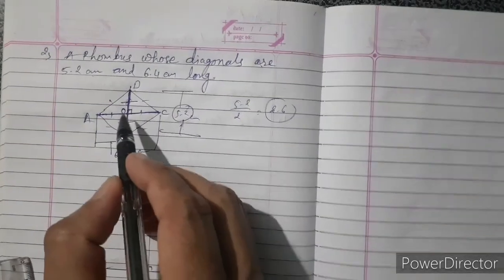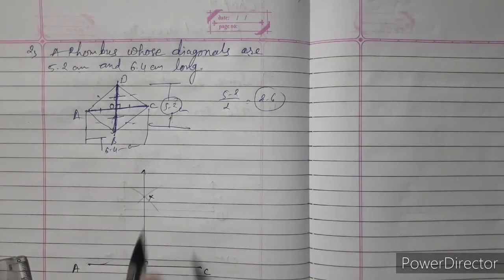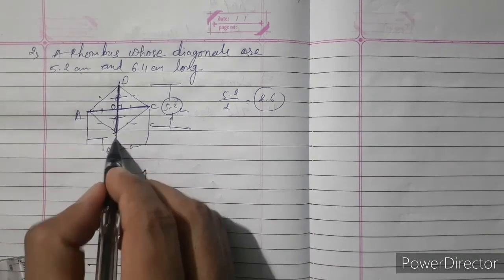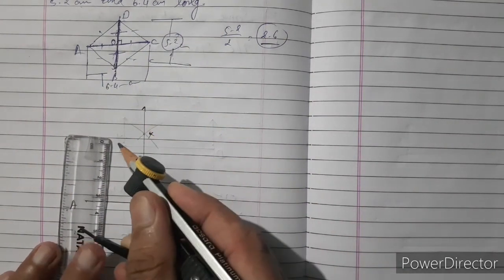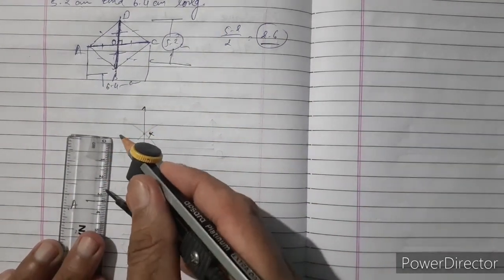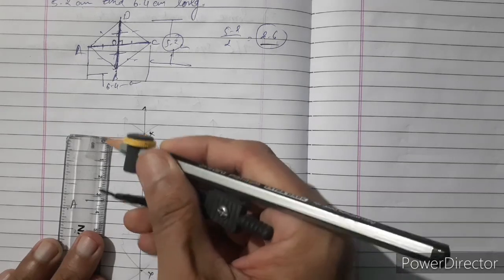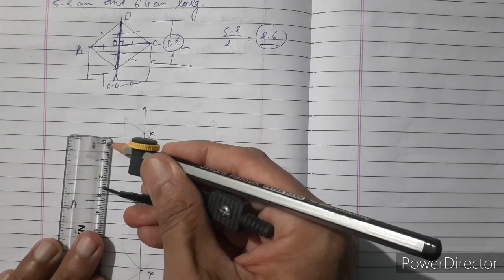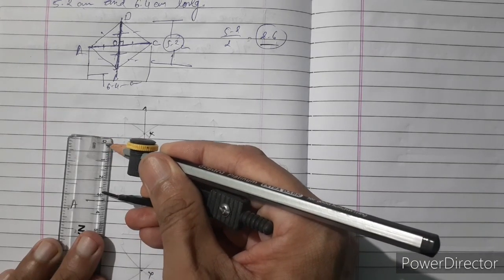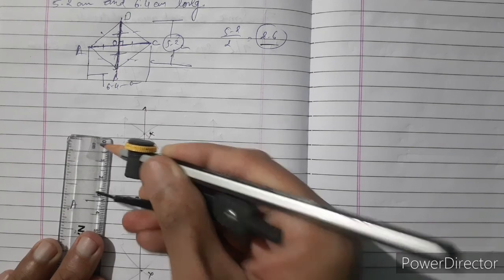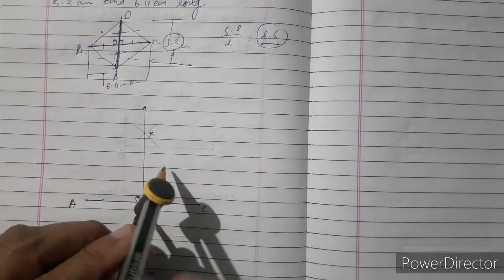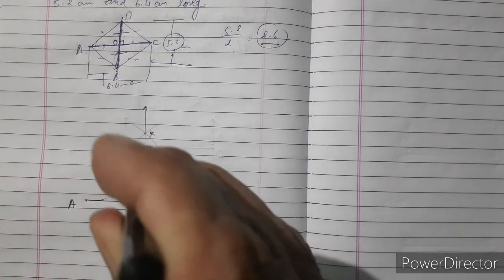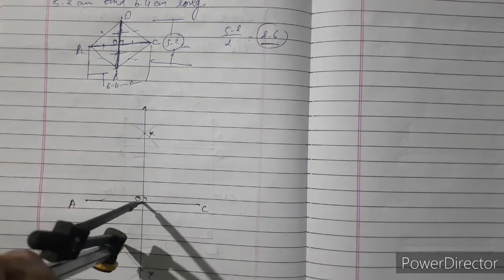Now the intersecting point is O, so OD and OB are both 2.6 centimeters. So take a 2.6 centimeter radius and draw arcs with center O on OX and OY, upper side and lower side.